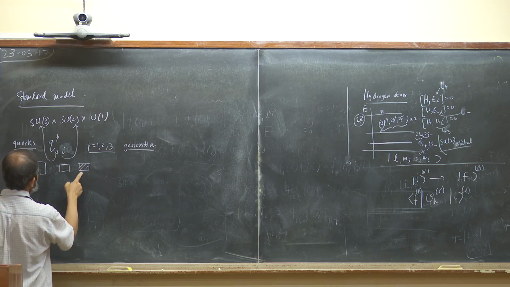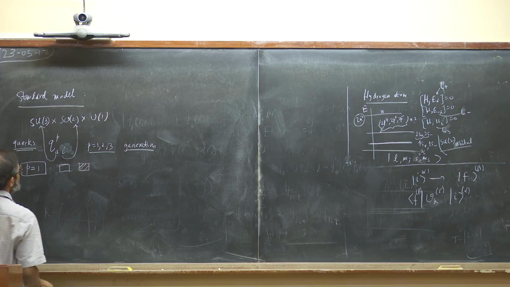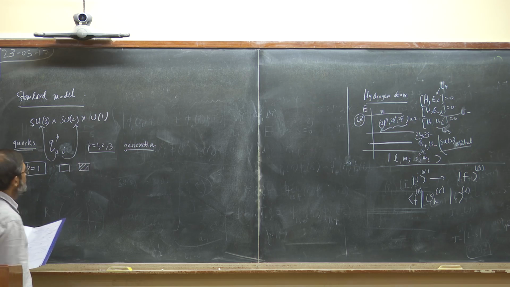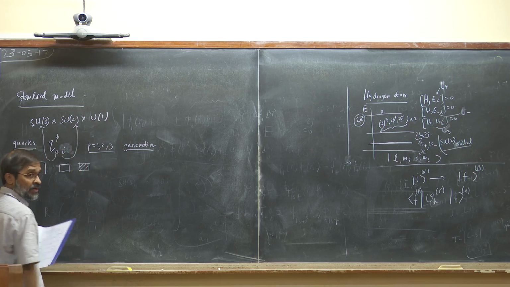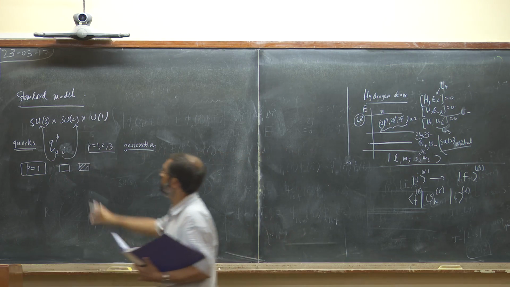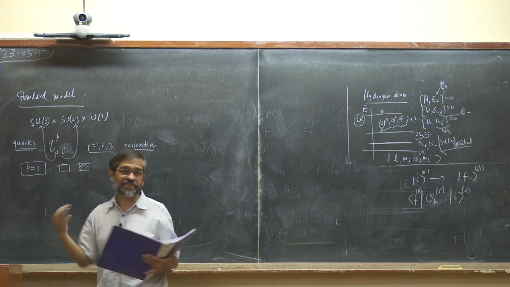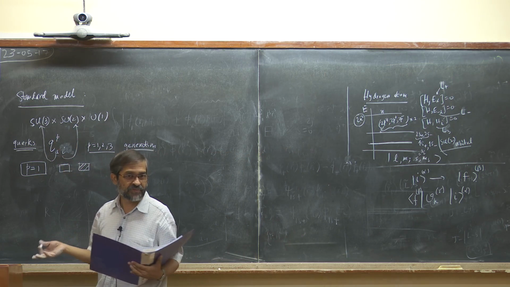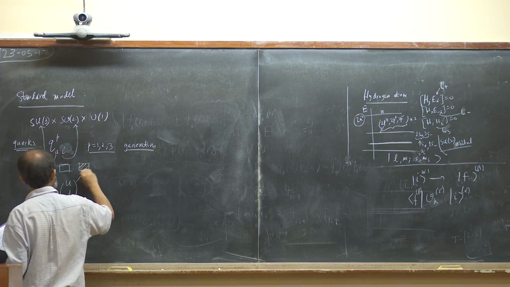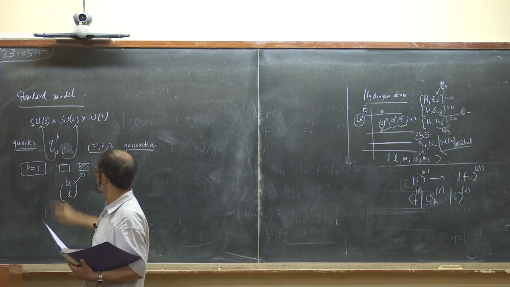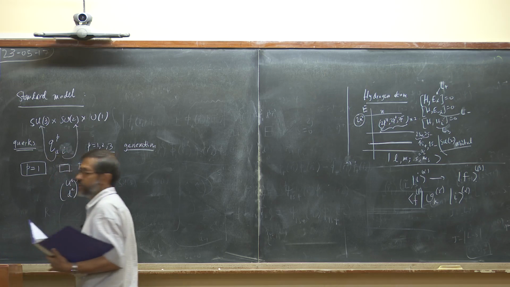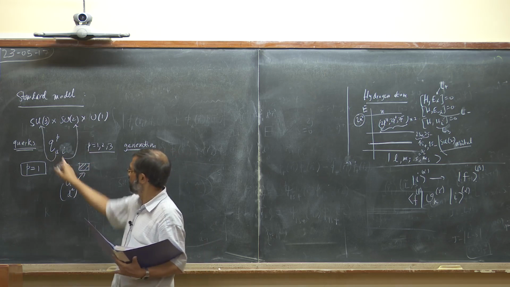Essentially I need a doublet here, because this is the fundamental of SU(2), a spin half representation. The doublet of this SU(2) is explicitly stated by giving different symbols, U and D, and this is written by carrying over this A here.